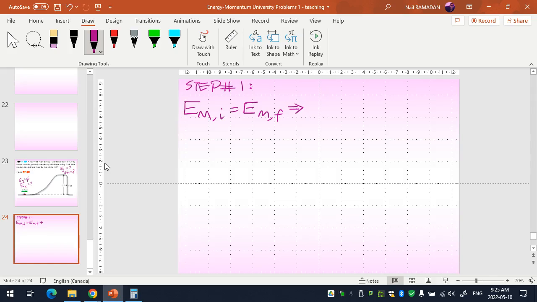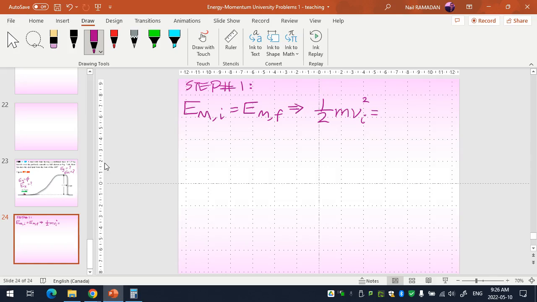I am setting up the equation of EM being equal to itself all the time. Okay, initially, what was EM, according to the diagram I just showed you? Initially, what was the only relevant energy for EM? EK. So go ahead. So half m v initial squared equals.